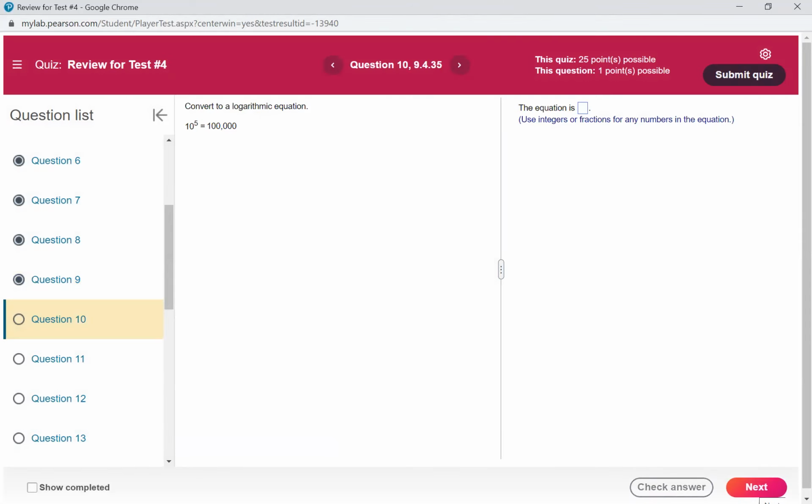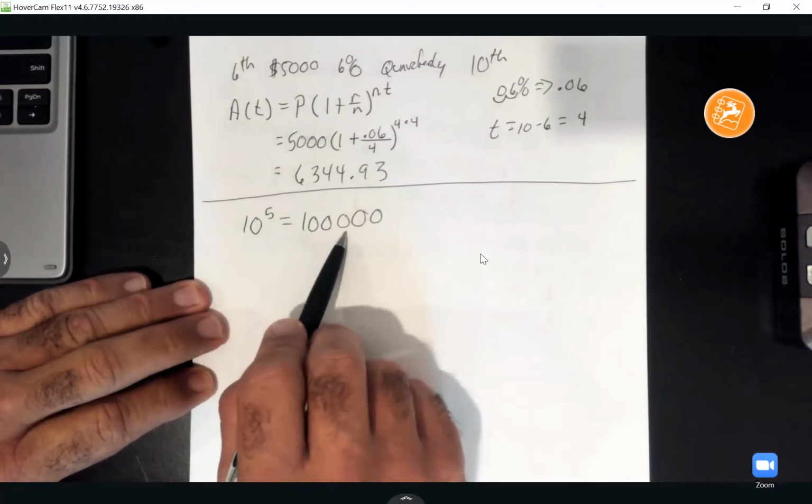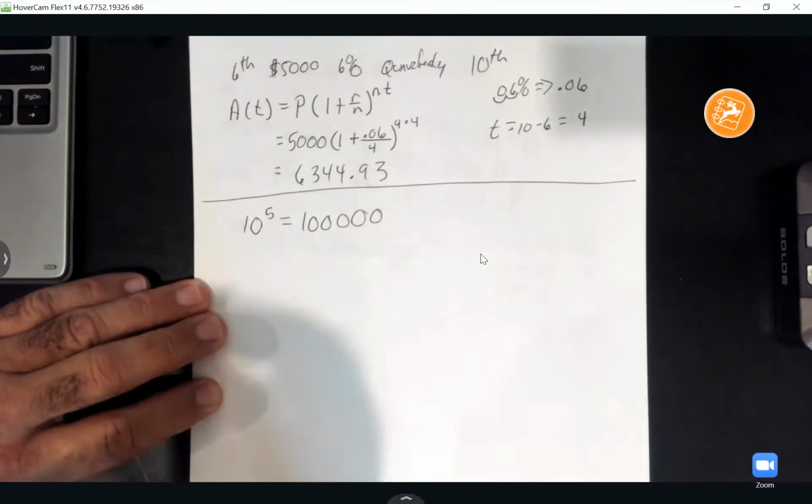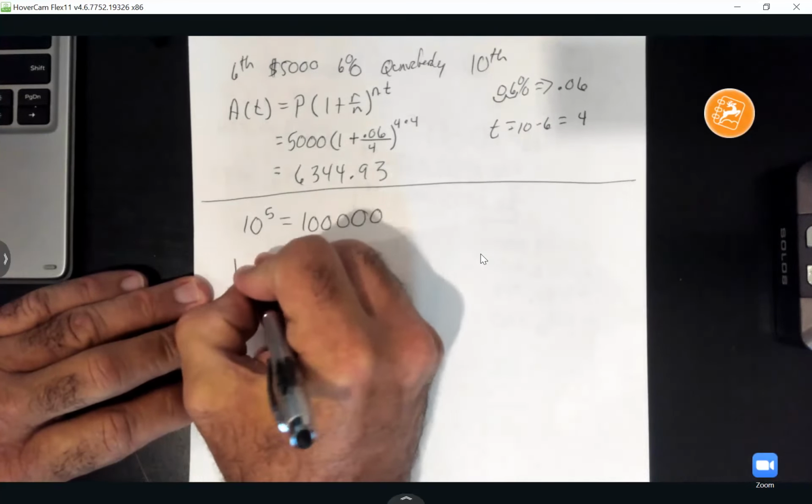All right, so let me start writing these down because now we actually got to do some work. Convert to a log equation. They're giving me 10 to the 5th equals 100,000. They want me to convert it to a log. So you got to write log.